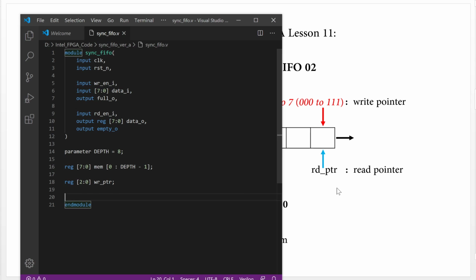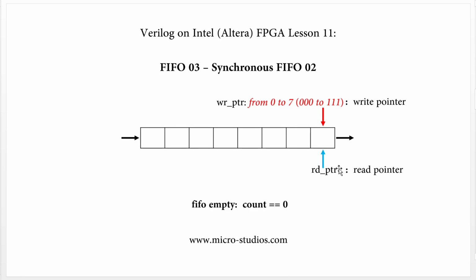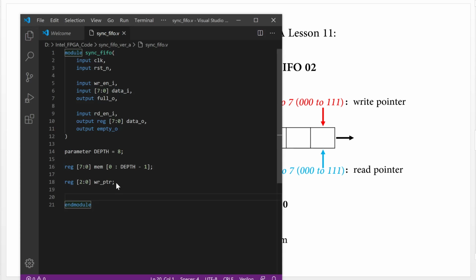Okay. Similarly, you will see the read pointer also goes from 0 to 7, and in binary format it is from 000 to 111. So we copy it and paste it.